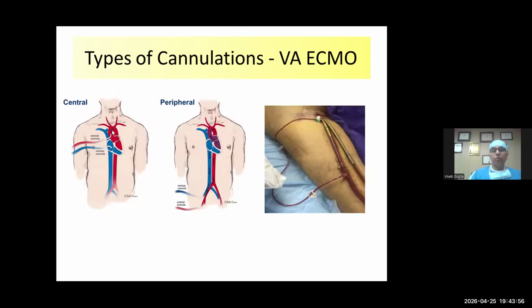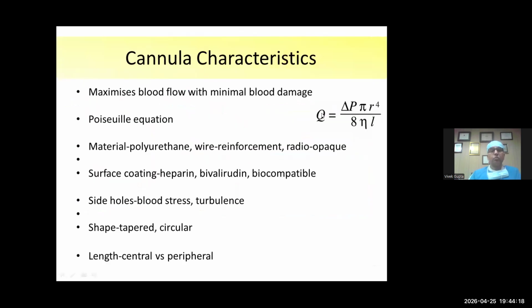We have to do the sternotomy, so more risk of bleeding. In central cannulation, after sternotomy, you place the cannula directly to the aorta and the right atrium. While in peripheral cannulation, you are placing the cannula in the peripheral vessels. Most commonly you can see here the peripheral femoral artery, femoral vein, and this is the distal perfusion cannula.